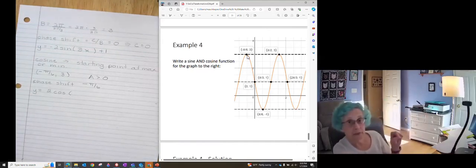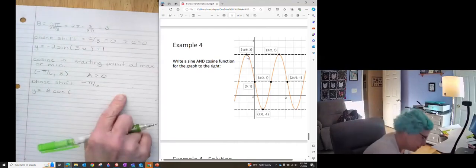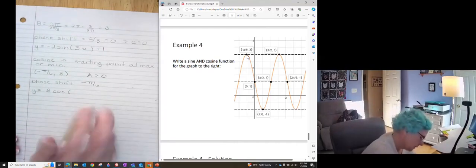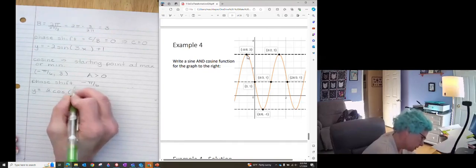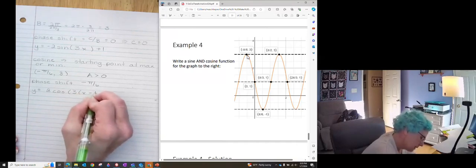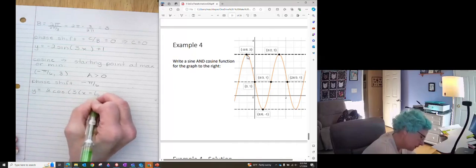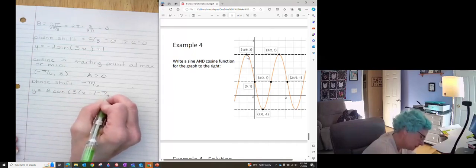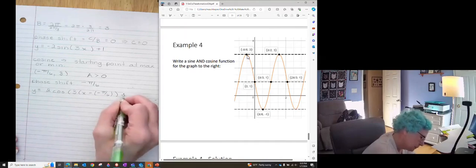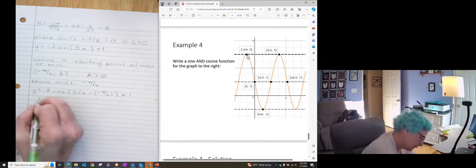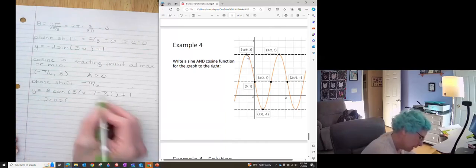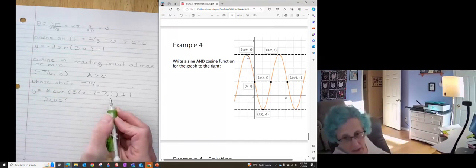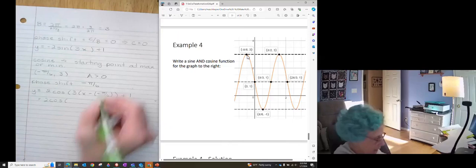Oh, I need to figure out what my C over B is here, or I could just put in my B, which is 3 times x minus negative pi over 6, plus 1, which is 2 cosine. And see, I didn't figure out what C was. I just figured out my phase shift.